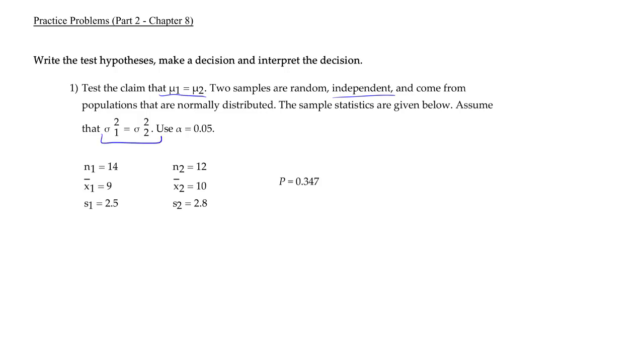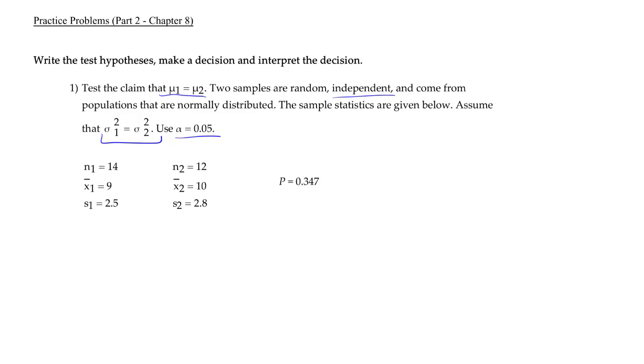Assume equal variances from the populations, use alpha equals 0.05. In this version of the problem, we're practicing basically setting it up and then making our decision and interpretation. And in other examples, we'll see how we can get to that p information from SPSS.